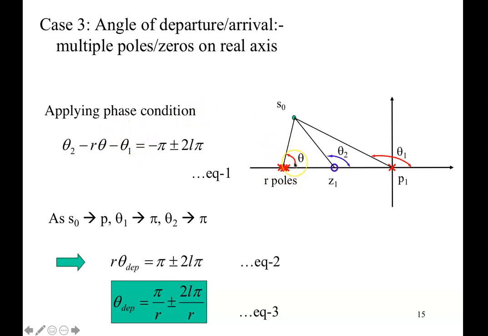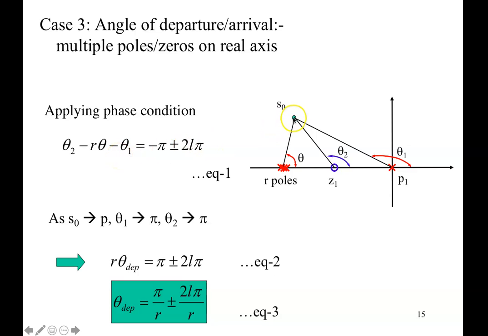They give the same angle, but I need to count it R number of times in this case. Then theta 1 is the angle between my test point and this open loop pole. Add all the angles together, with the poles contributing a minus, and that must equal minus pi, plus integers of 360 degrees. So that's the condition I derived from the phase condition.